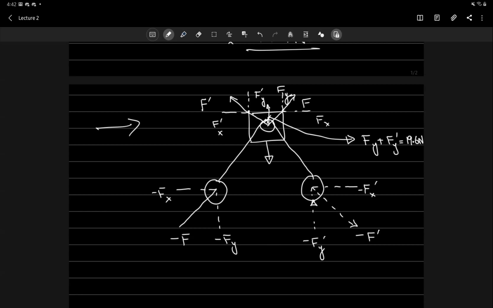Now, the net of these two forces has no horizontal component, but a vertical component of 19.6 newtons, from here, right?